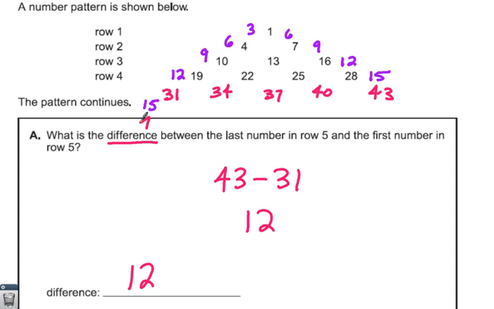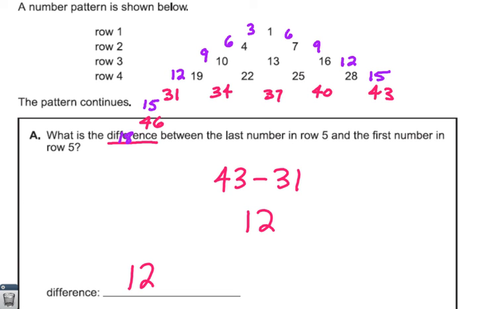And so that gets me to 46. And then we're going to have a jump of 18 to get to row 7. And what's 46 plus 18? I should probably have a calculator. 64.